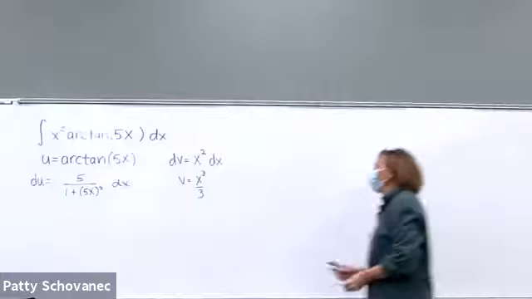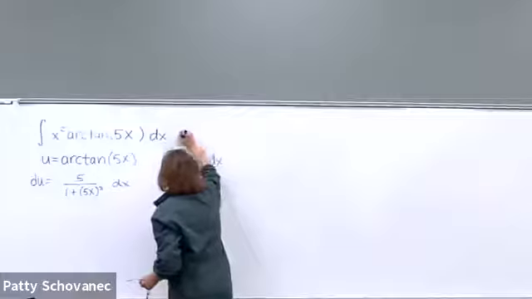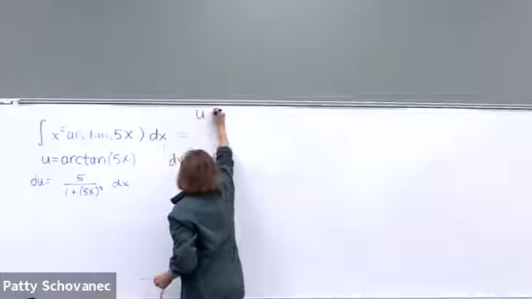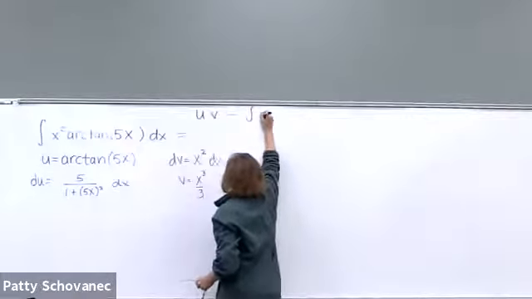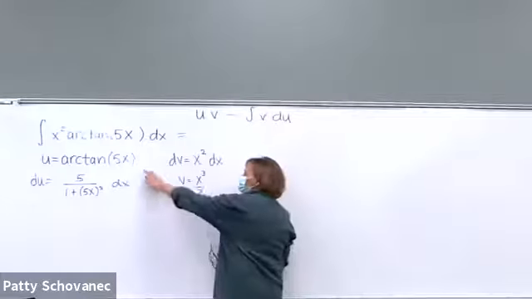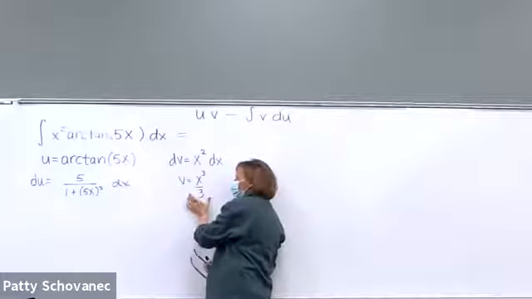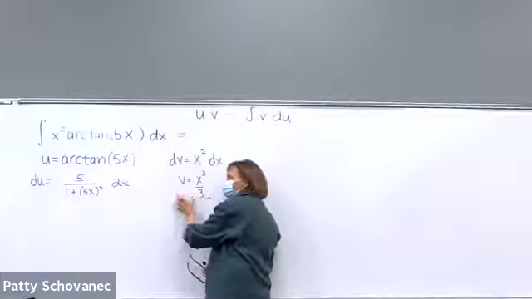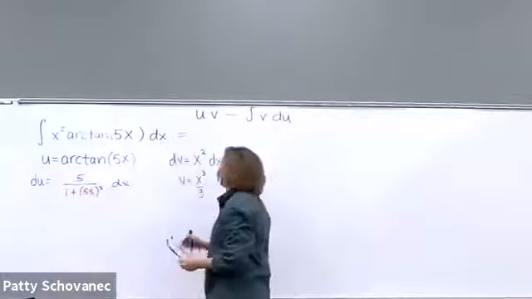Okay, now we got our integration by parts scheme. We're going to take u times v minus the integral of v times du. So here's my u times the v. I'm going to go ahead and put the x cubed over 3 in front of the arctangent of 5x.